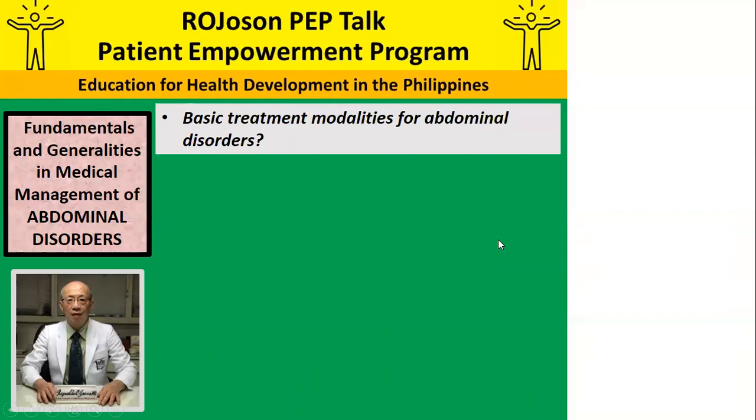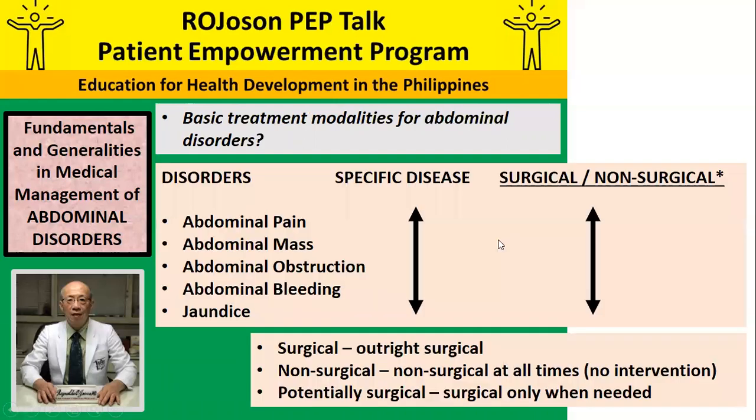Basic treatment modalities for abdominal disorders. So the basic treatment is surgical, outright surgery, or non-surgical. Non-surgical treatment at all times, no intervention is needed. And then in some cases, it could be potentially surgical, okay?